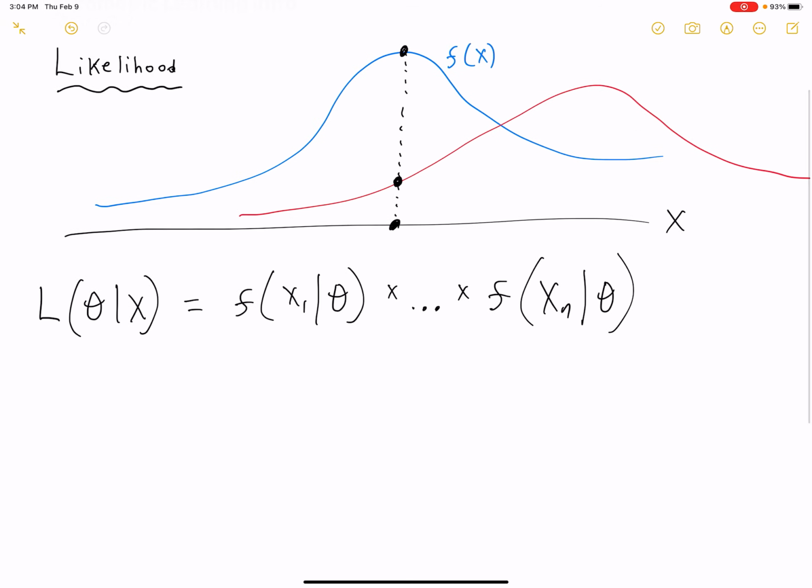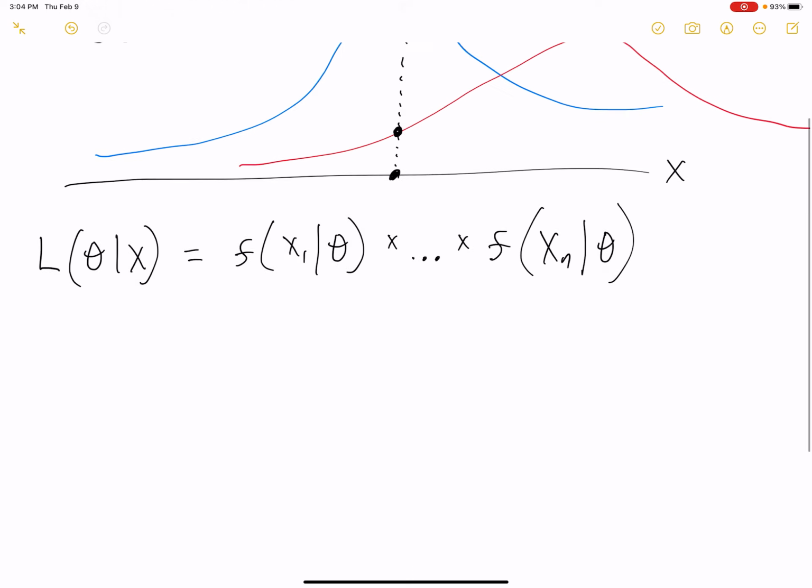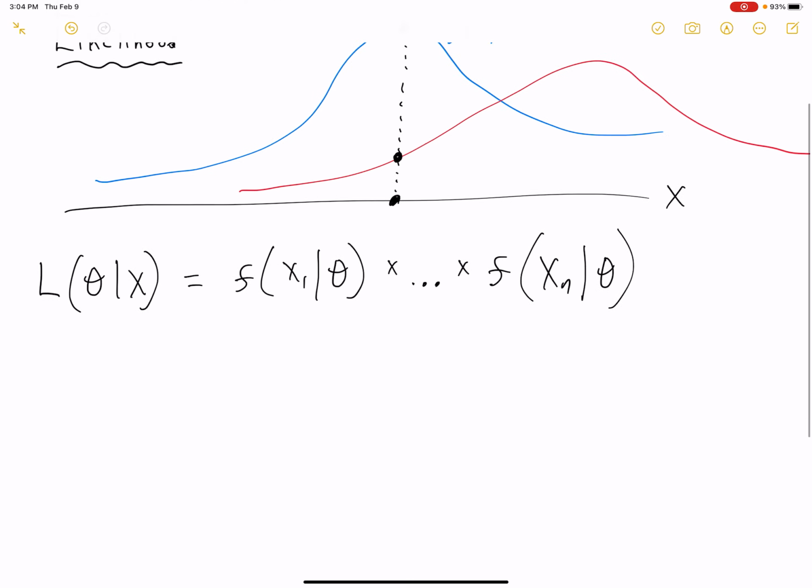We then discussed that in practice, when implementing likelihood or in general probability calculations on a computer, people tend to take the log of the likelihood or the log of the probabilities, and we'll see that repeatedly in this class.